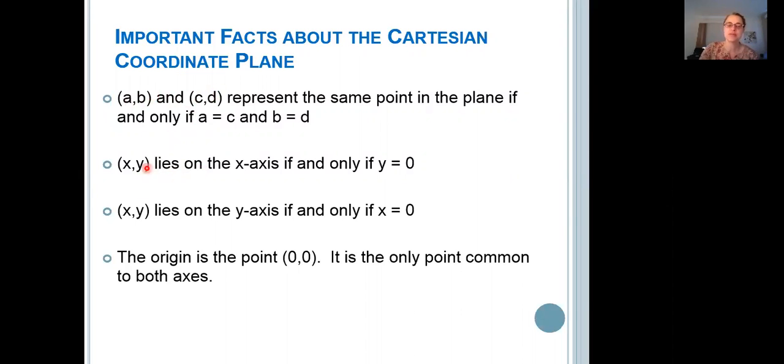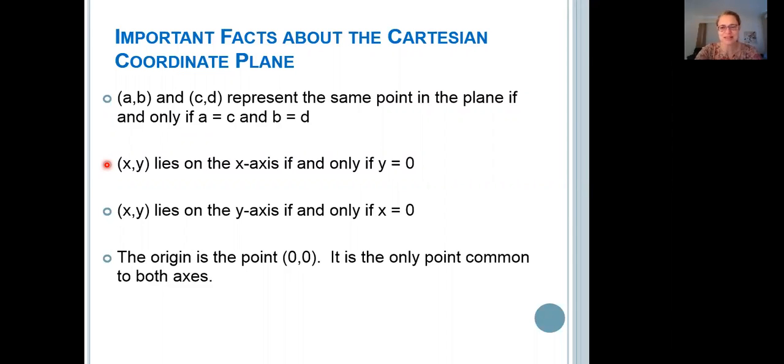This one's an important one. We're going to talk a lot about what we call x-intercepts. X-intercepts are sometimes also called zeros, and sometimes they're called roots. The reason for that is that y equals 0 everywhere on the x-axis. If we're trying to find x-intercepts, those are the points where the graph of a function crosses the x-axis.